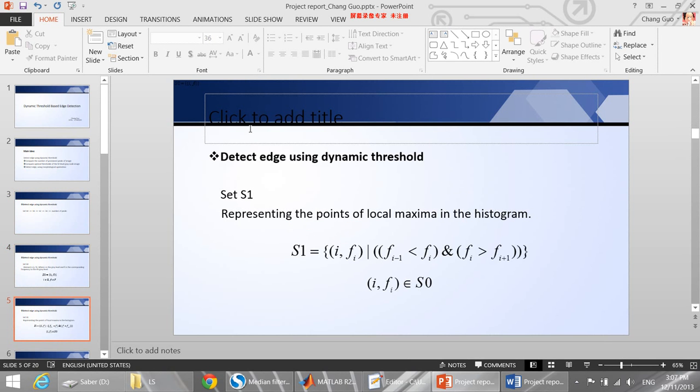For set S1, it includes the elements representing the points of local maxima in the histogram. If Fi is larger than Fi minus 1 and Fi is larger than Fi plus 1, it should be put into S1.